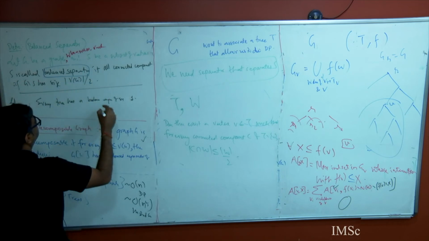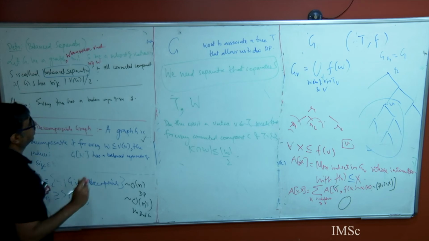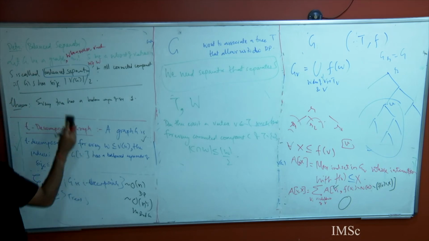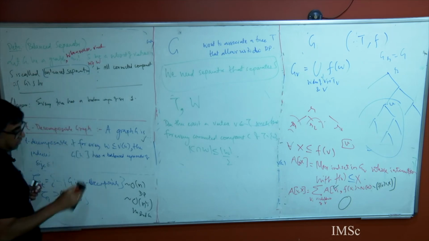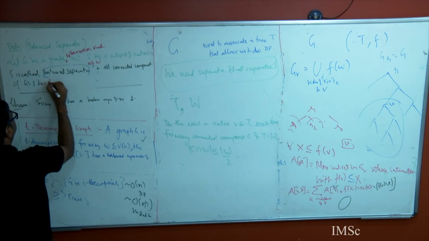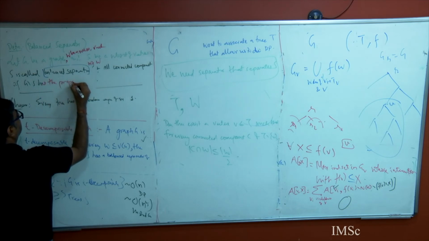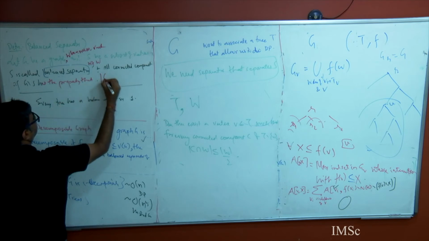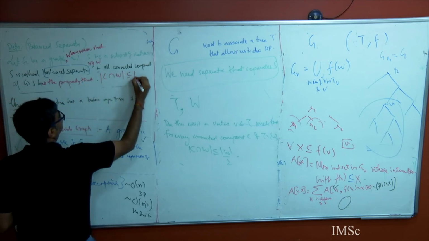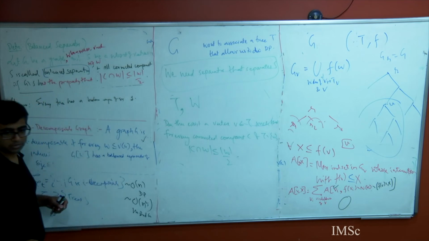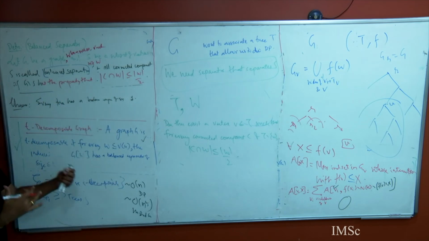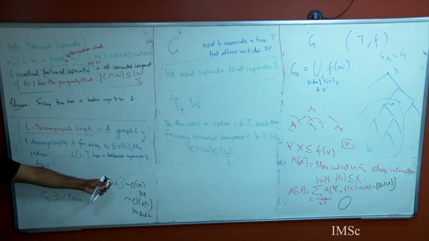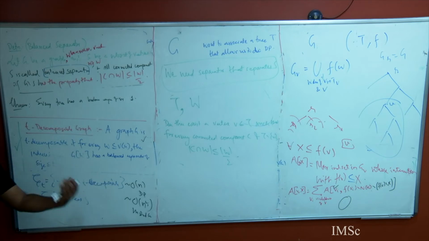S is called a balanced separator with respect to W if all connected components C of G minus S have the property that C intersection W is at most W over 2, right? So it is a separator with respect to W, not with respect to the whole vertex set. You gave me a W and you want me to separate it, I'll give you a vertex.